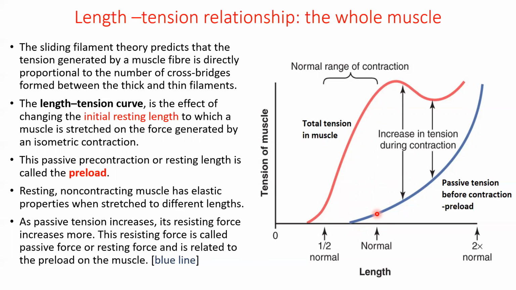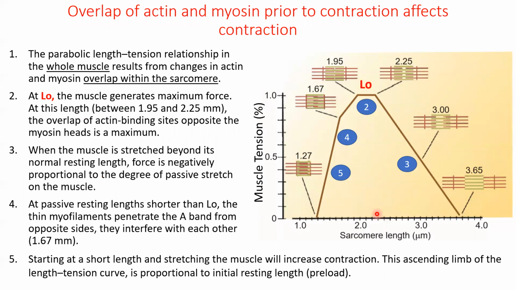Now, how is this related to what's happening in the sarcomere? So look, I looked at the whole muscle earlier on. Now I'm looking at a sarcomere. If you look at the resting length, which works out to about 1.95 to about 2.25 micrometers, you notice you have the best possible overlap between actin and myosin, and therefore you have the best possible tension.